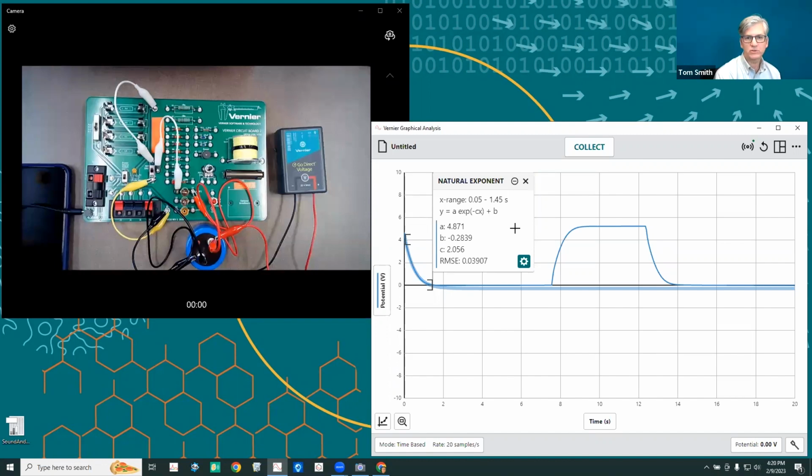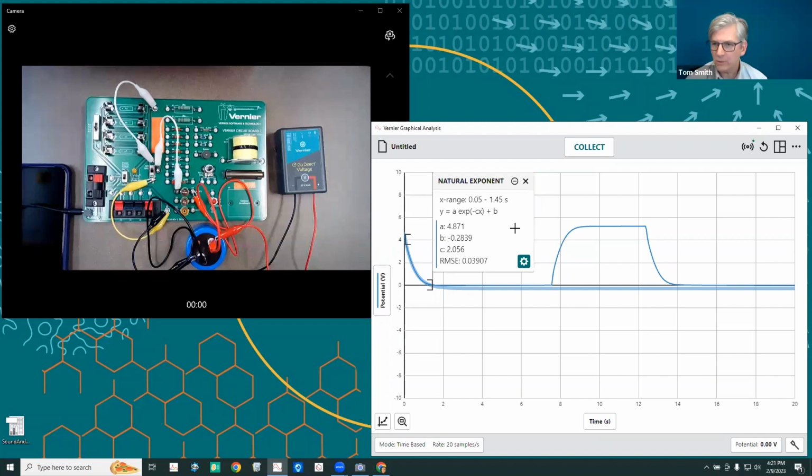So you would want to pay attention to that combination of resistance and capacitance to make sure it was balanced appropriately, so you're getting a good time constant that you could capture with the data collection tools.